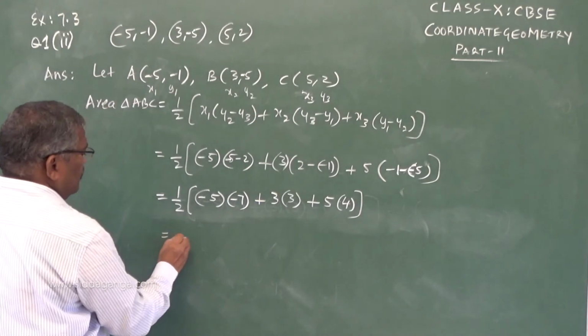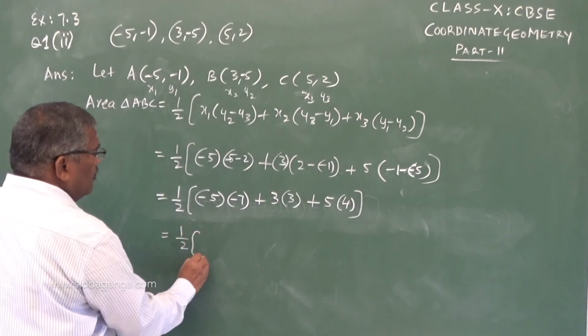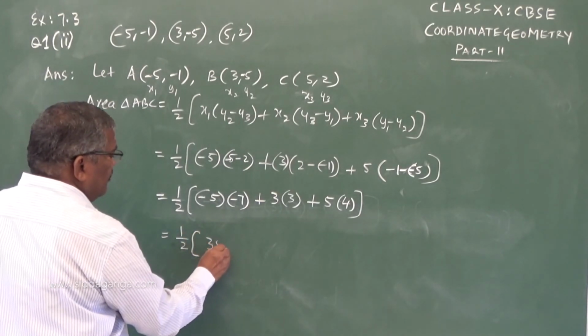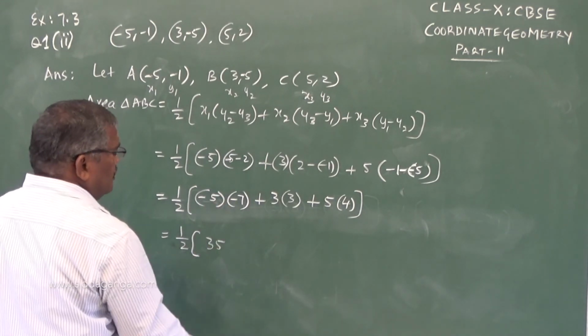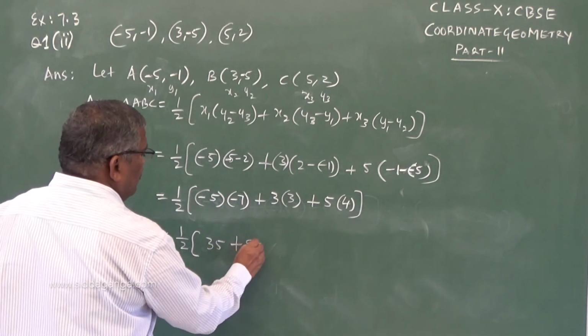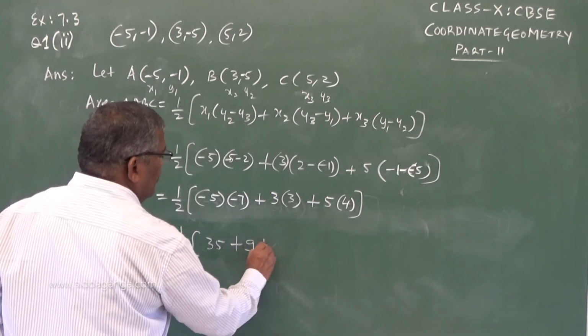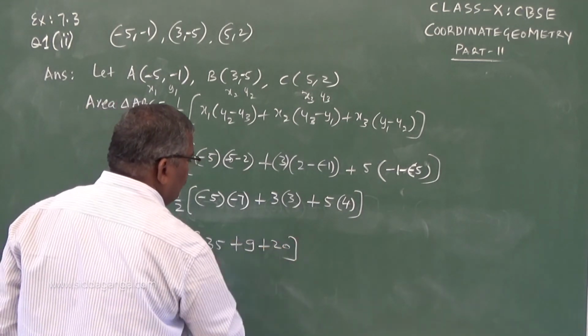So this equals half into 35. Minus 5 into minus 7 is 35, plus 9, plus 20.